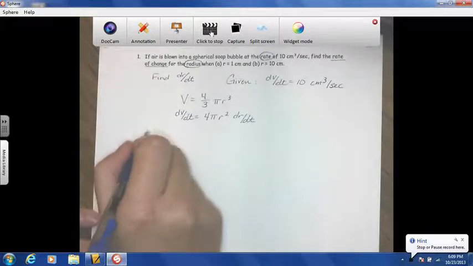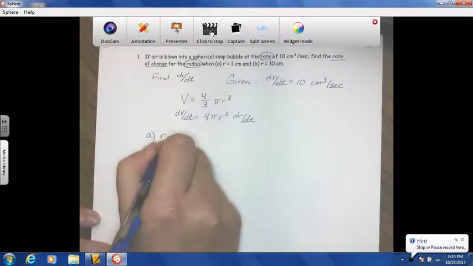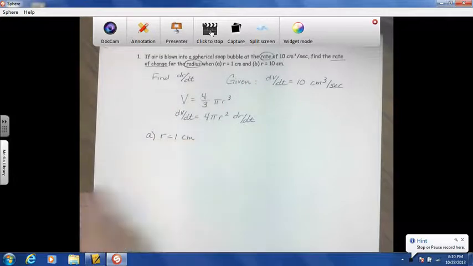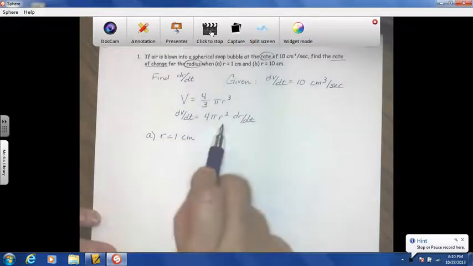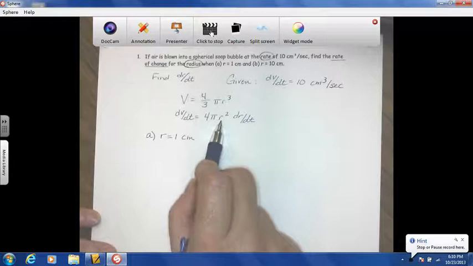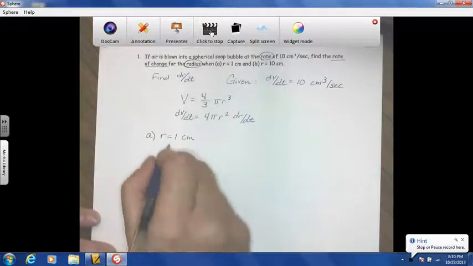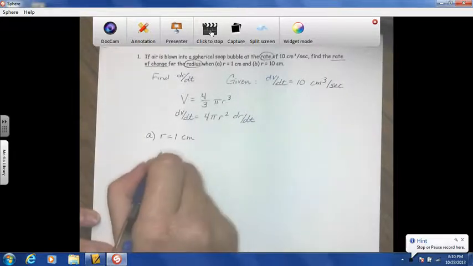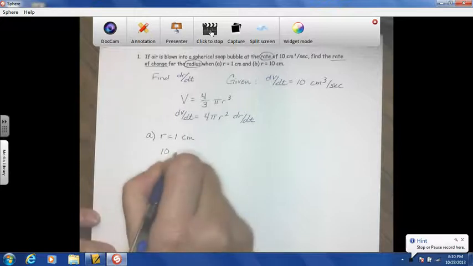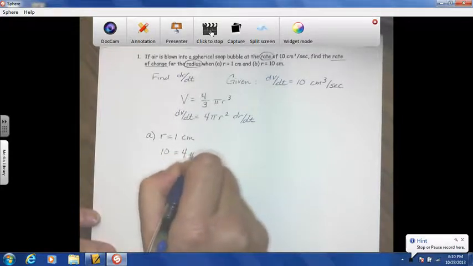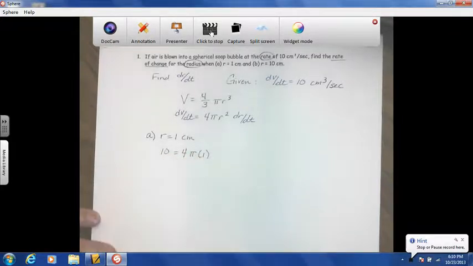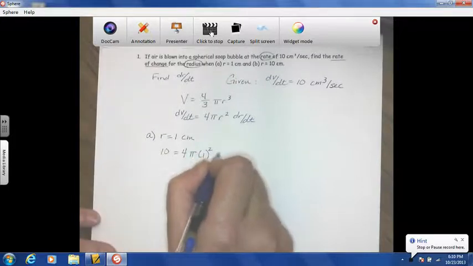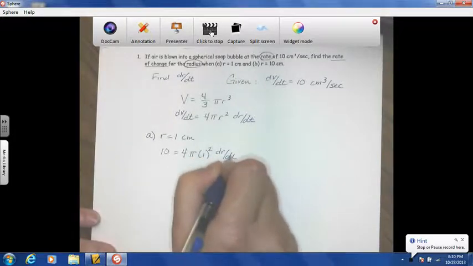So in the first part, when they tell us that the radius is 1 centimeter, we simply plug the 1 in for the r, and evaluate. The dV/dt is 10 cubic centimeters per second equals 4 pi, I'm going to put the 1 in place of r, squared, dr/dt.